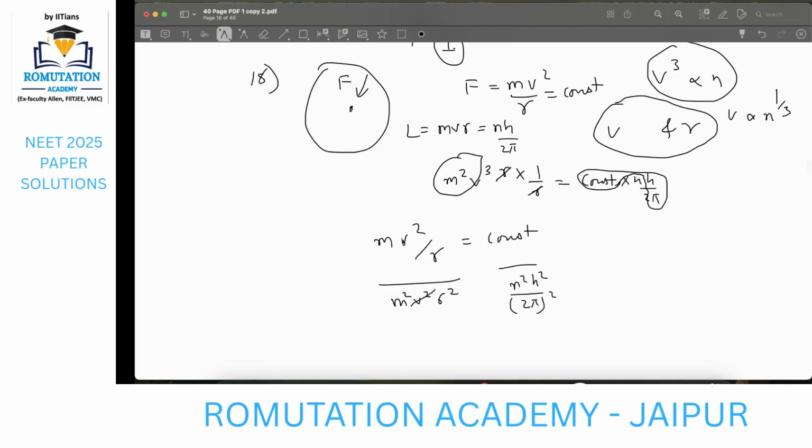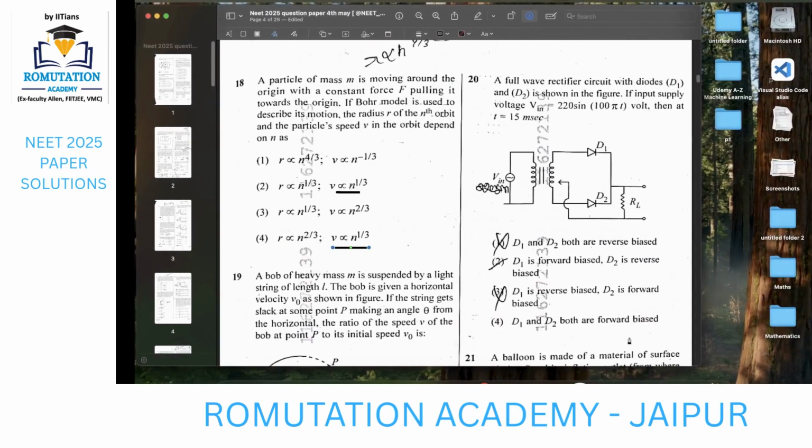So that makes v square go away. So I know the overall power of r in this situation is becoming like 1 by r to the power 3. That is going proportional to n square. So I think r cube is going proportional to n square. So r is going proportional to n to the power 2 by 3. So I think that option should be the answer. I think this option is going well, right?